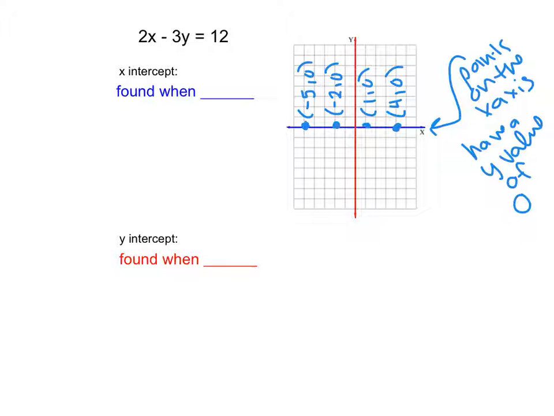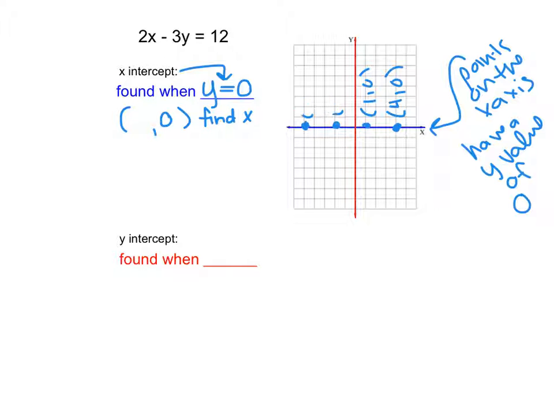So what that tells us is that the x-intercept point of a graph is found when y is equal to 0. Our x-intercept point is a coordinate point, and in that coordinate point we know that y is going to be 0. That's what we know about the x-intercept point, and we'll come back and find that in just a second. But our x-intercept point is where y is equal to 0, and we need to find the x value that goes with it.